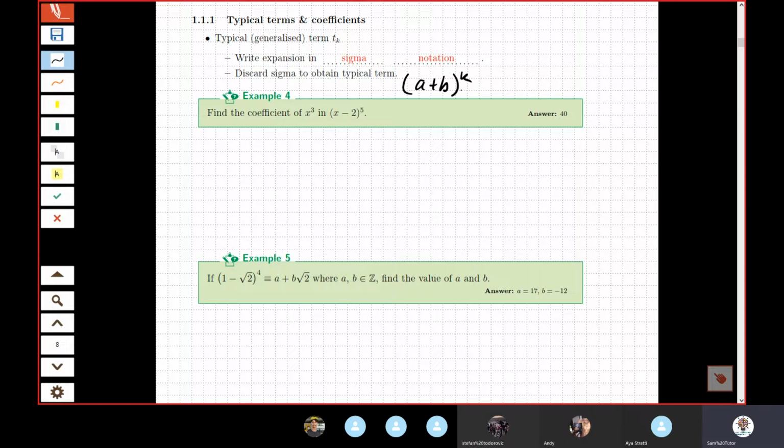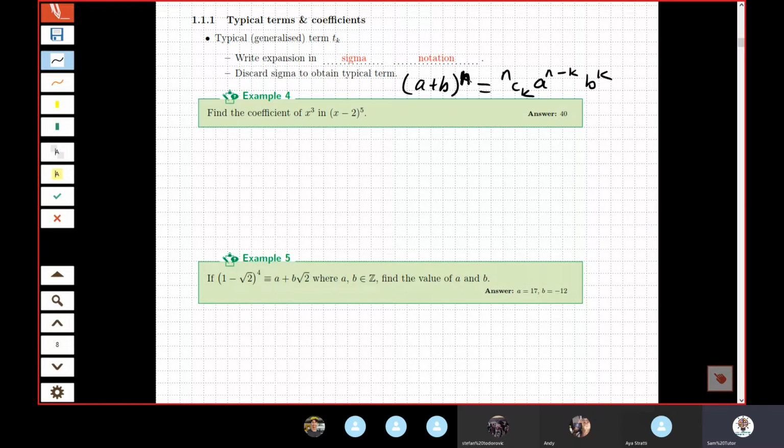A plus b to the n is equal to the sum of n choose k, a to the power of n minus k, and then b to the k. And that's literally what you're doing.